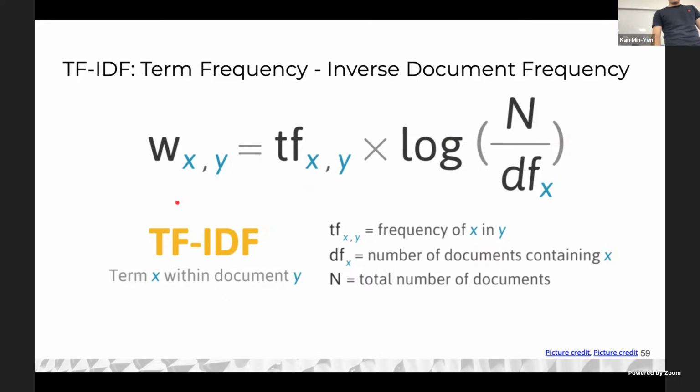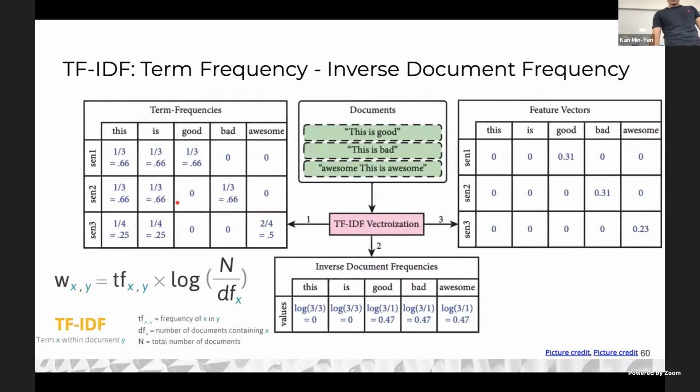And this is the TF-IDF. And this is a more concrete example. I can just briefly talk about it. For example, if we only have 3 documents: "this is good", "this is bad", "this is awesome". Then as I said, we will have 2 parts. One is called term frequency, where we calculate the frequency of a word in the document.